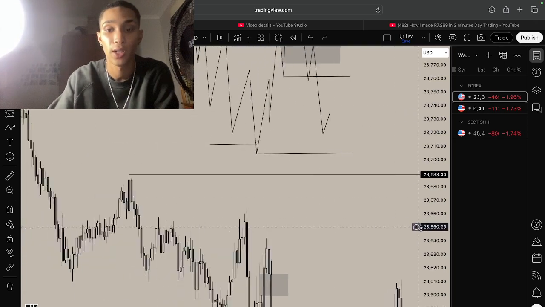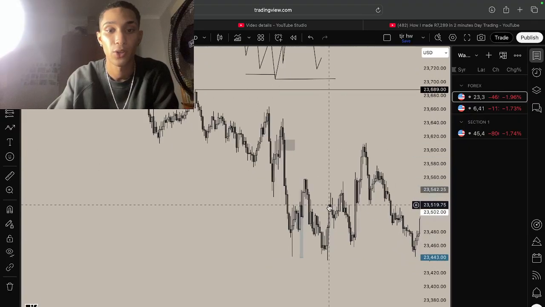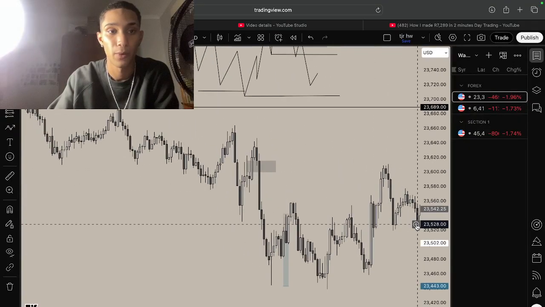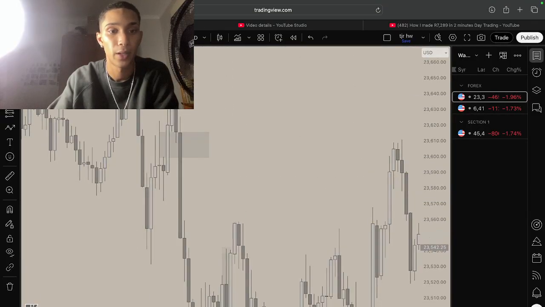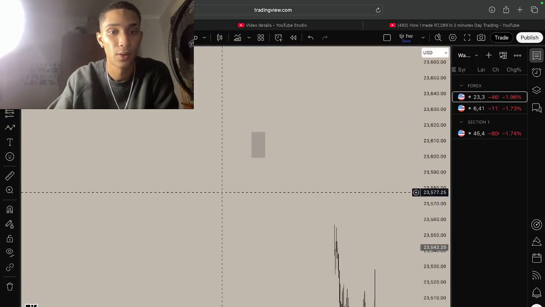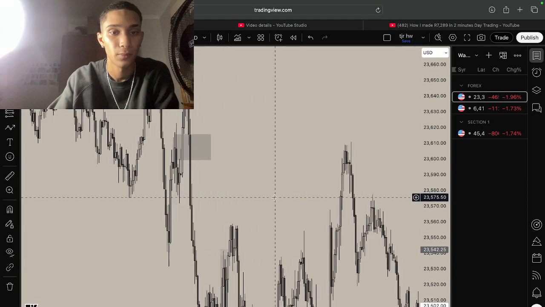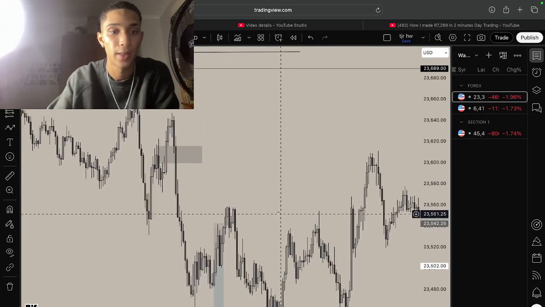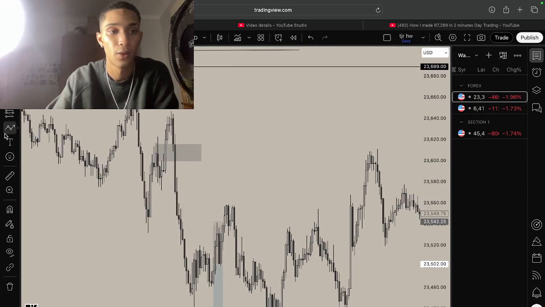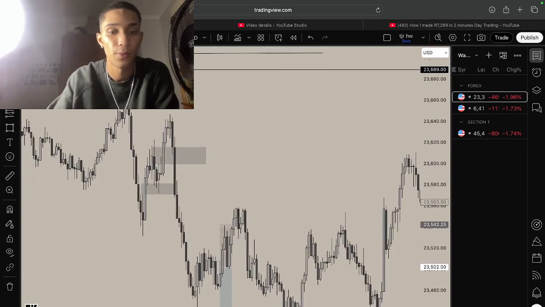And I'm just going to show you guys an example of what this looks like on the chart. So here, for example, this is now on the 2-minute. But if I open the 1-minute, we should be able to see it too. Here, in this situation, we have this gap here. What does price do?